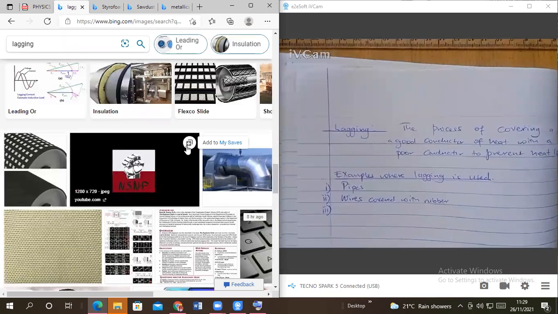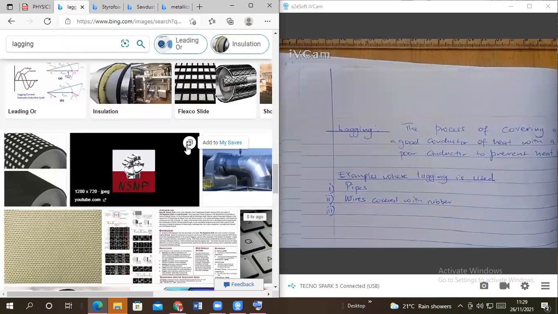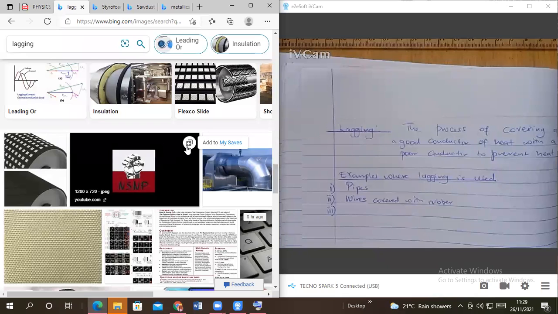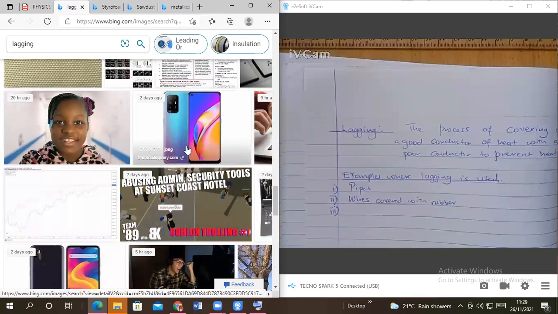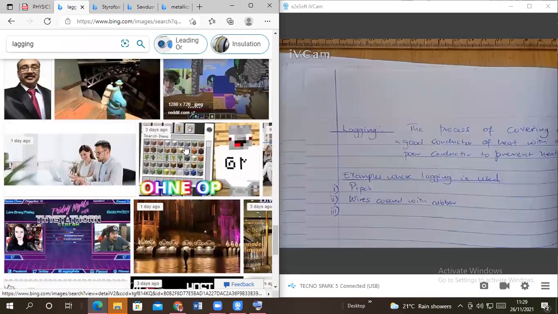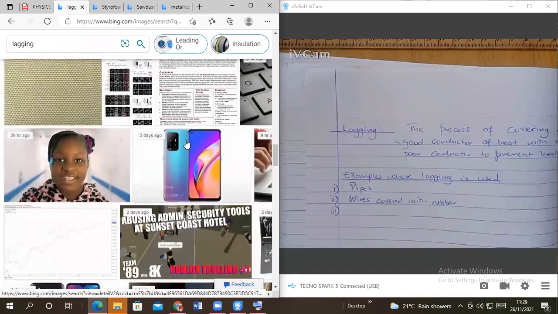You see these wires that these people are using, these days they are covered with rubber. Do you know the reason? Because they don't want those wires to absorb heat from the sun and expand and then contract. In that process, those wires are going to bend and then break during contraction.